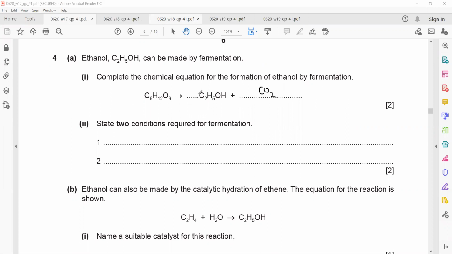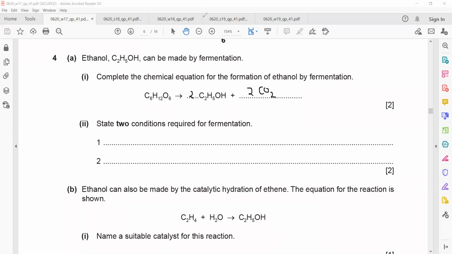Yes, that's right: 2C2H5OH plus 2CO2. So I can put 2 here and 2.